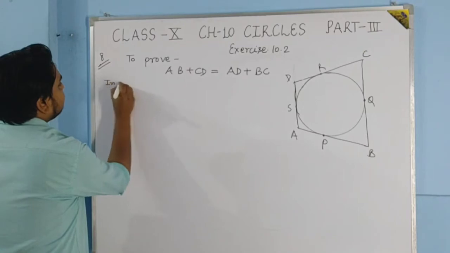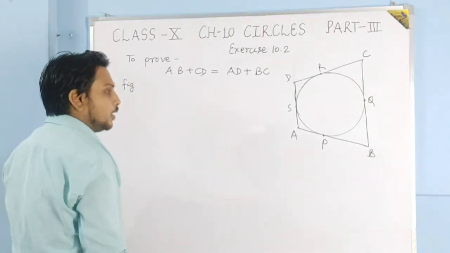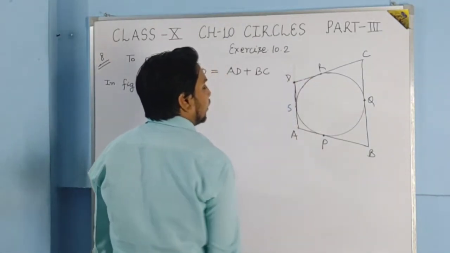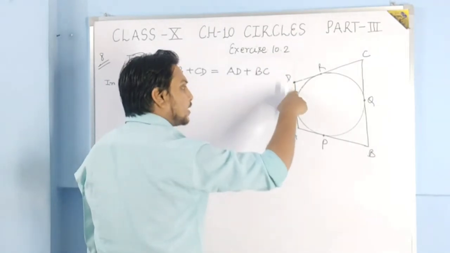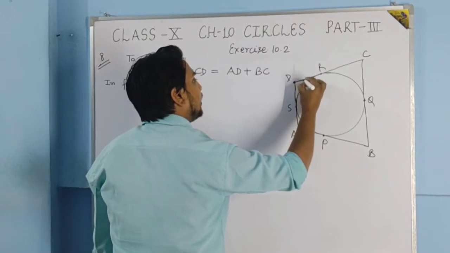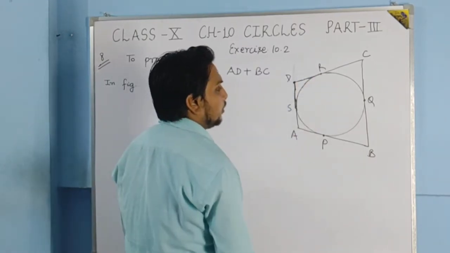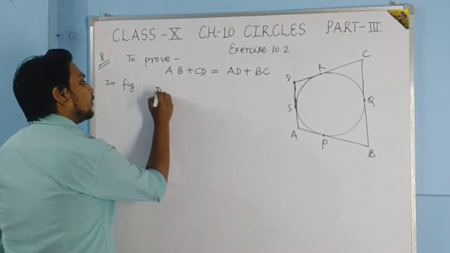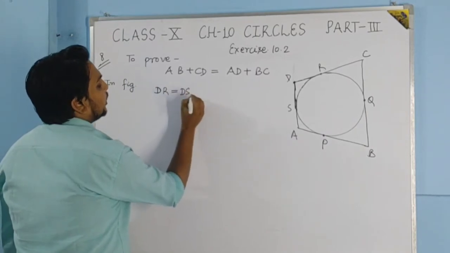In the figure, see students, D is the external point, no? And from this external point, two tangents DR and DS are drawn to the circle. So what result can we say from here? That DR is equal to DS.